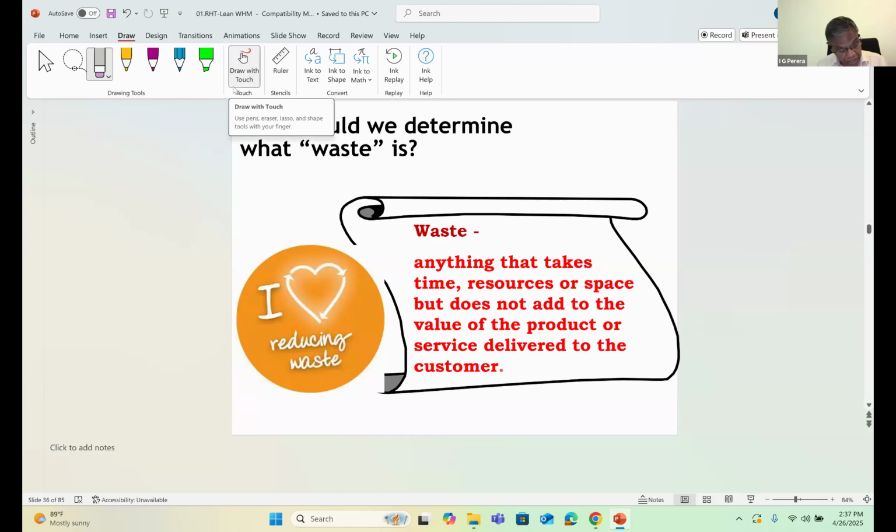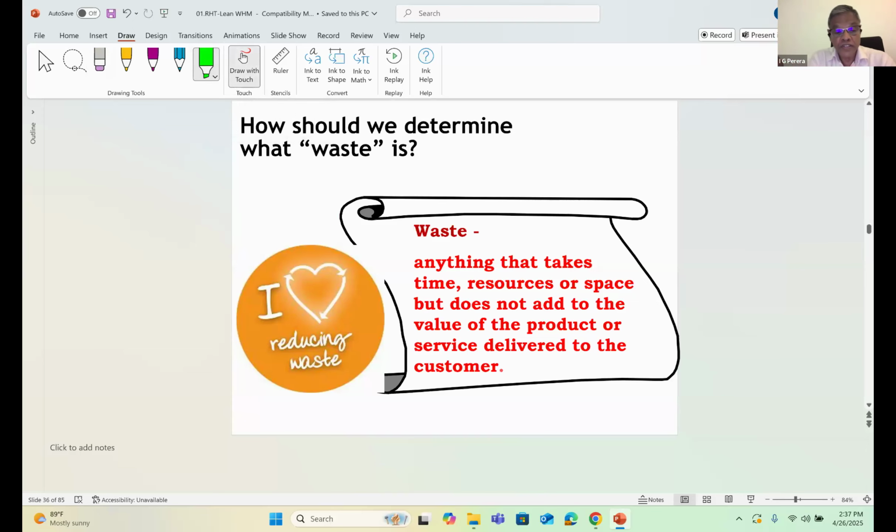Now we discussed that lean means eliminating waste. So what is waste? You have to dig down to the minute concept, unless otherwise you will not be able to give a solution.